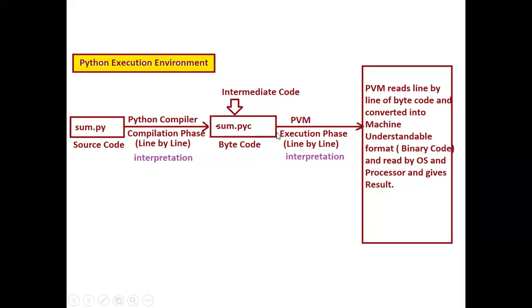And later on, PVM execution takes place. If an error is found, it will display the error. And if no error is found, then the PVM execution takes place. It reads it line by line and converts it into the machine understandable format, that is binary code, which is read by the OS and gives the result.